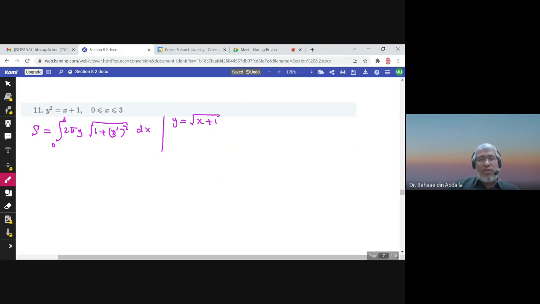And it could be positive or negative here. And y prime would be 1 over 2 square root of x plus 1. And y prime square would be 1 over 4 times x plus 1.